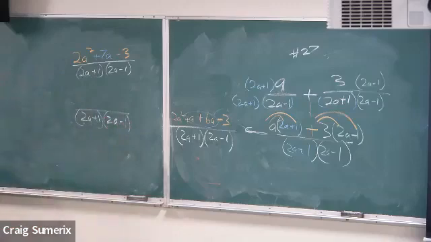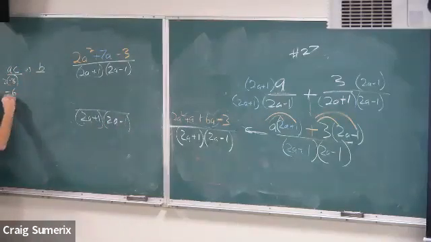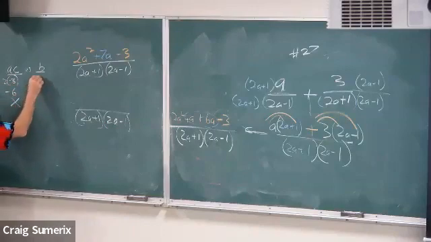Okay, AC method, what multiplies to give me -6 and adds up to give me +7? Nothing. Two and -3 is -6.